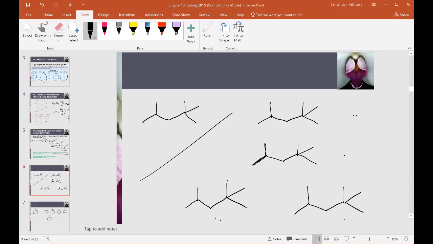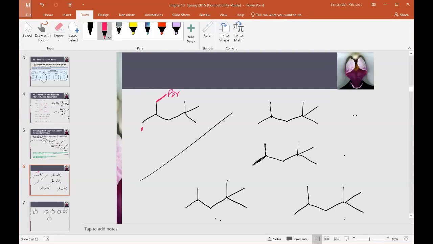So how many different products can I form here? Well, here my advice: be systematic. Go one carbon at a time and analyze. So I can put my bromine on this carbon, right? Notice that I will not propose to put it on that carbon there, and this carbon there, because if I put it there, it will be the same product as putting the bromine on the other methyl group, right?